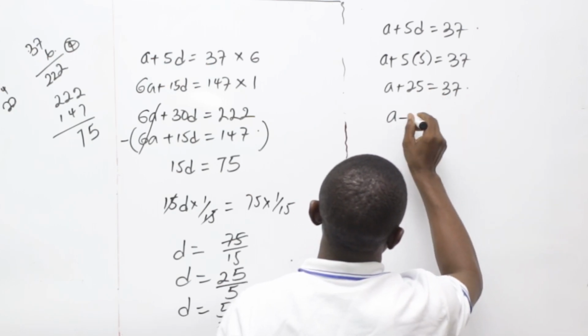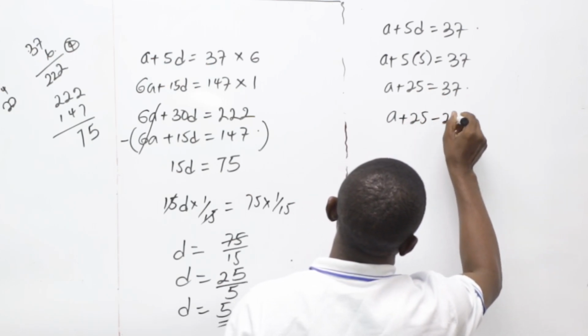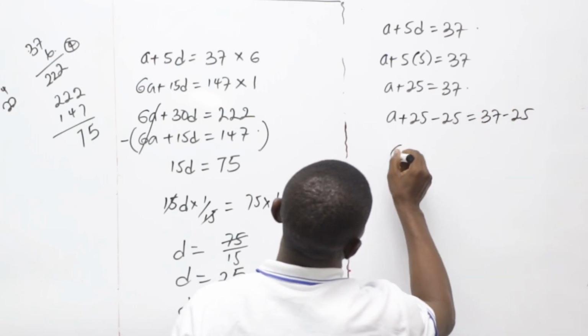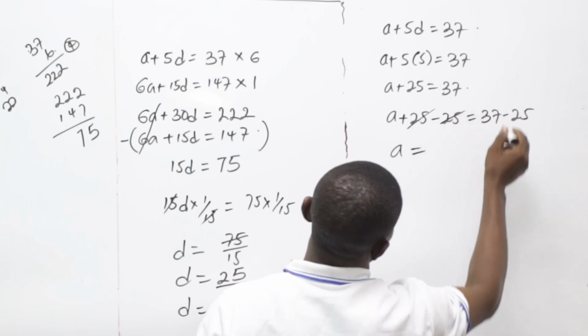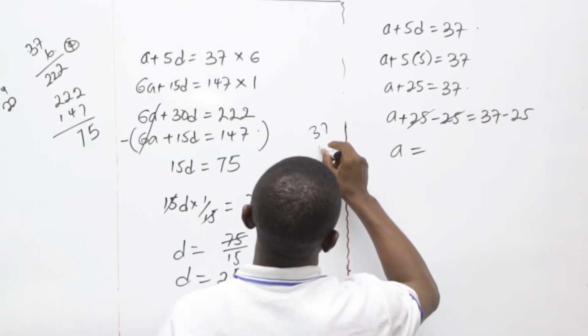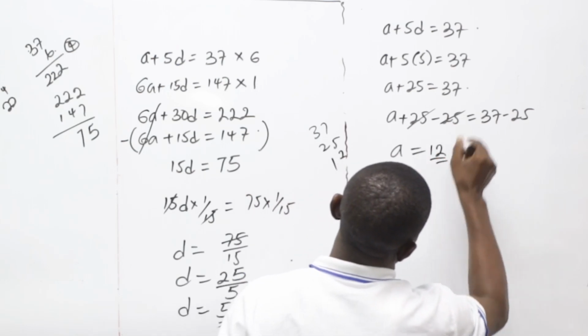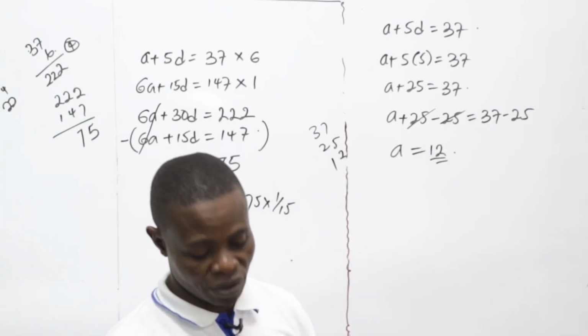Subtracting 25 from both sides, we'll have that A equals 37 minus 25, which is 12. A equals 12.